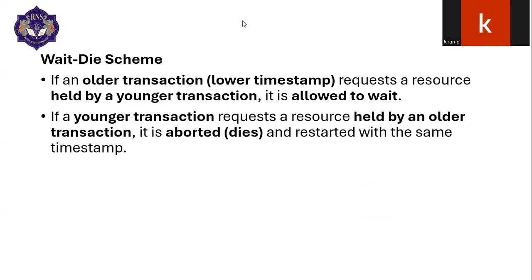For example, there is transaction T1 with a timestamp of 10. Let us assume it started at 10 o'clock, and it has acquired resource R1. Now T2 will start, and it requires resource R2.